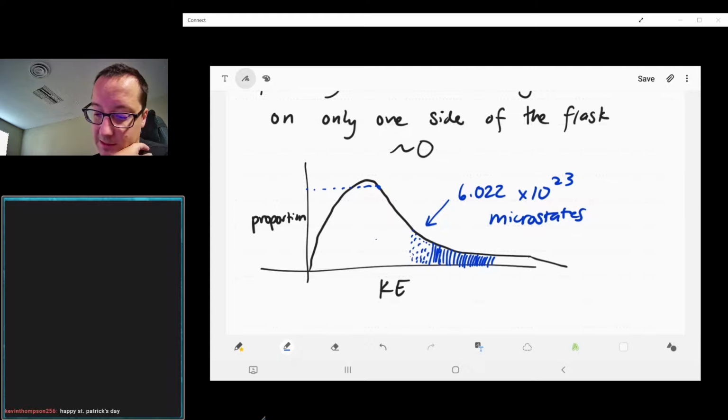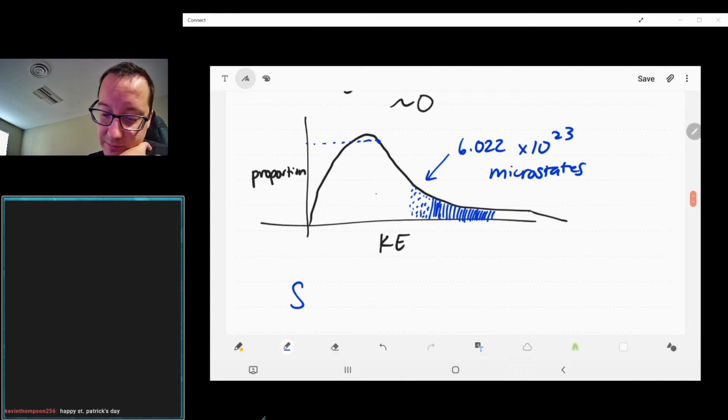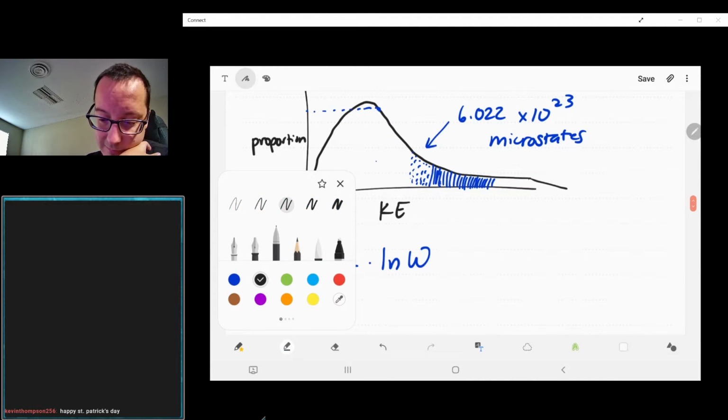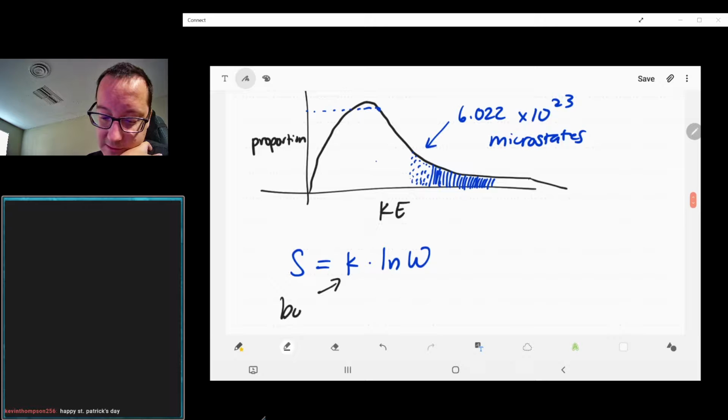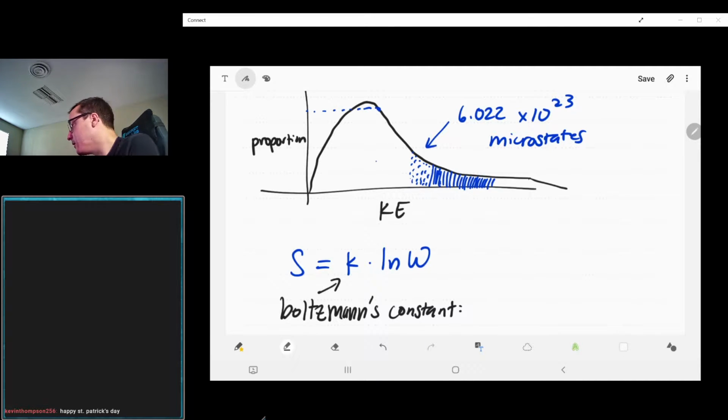And we see we can relate entropy to microstates using a constant. This is Boltzmann's constant, which I do not remember. Let's see what it is.